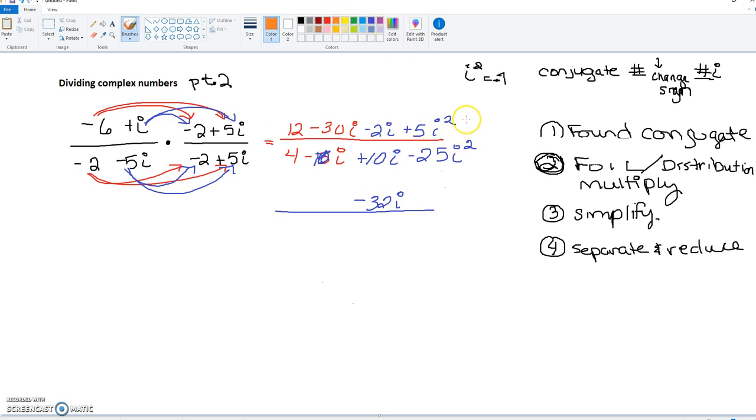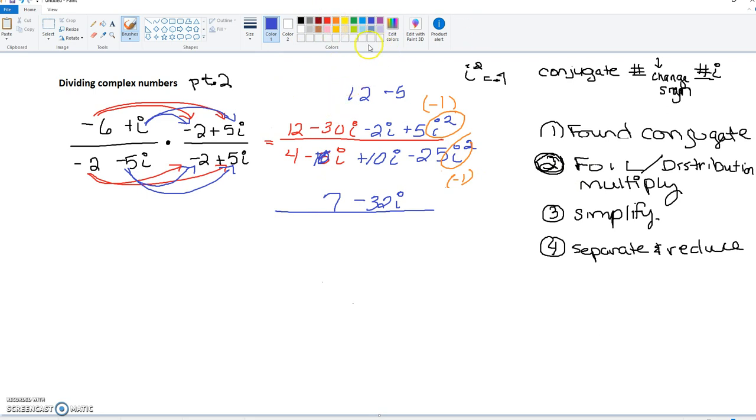And again, remember, we've got i squareds here, which means these are -1s. So we've got 5 times a -1, that gets us a -5. And 12 minus 5 is 7.